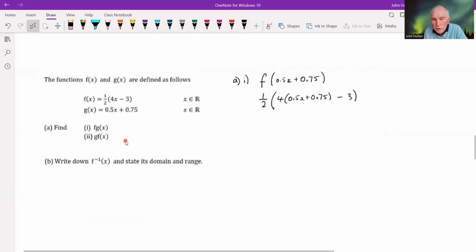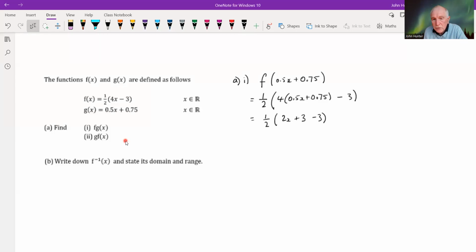Right, so we can work this through. 1/2 of 4 times 0.5x is going to be 2x. 4 times 0.75 is going to be 3, and then we've got our minus 3.